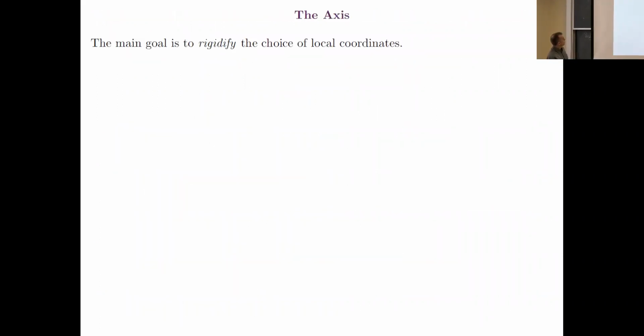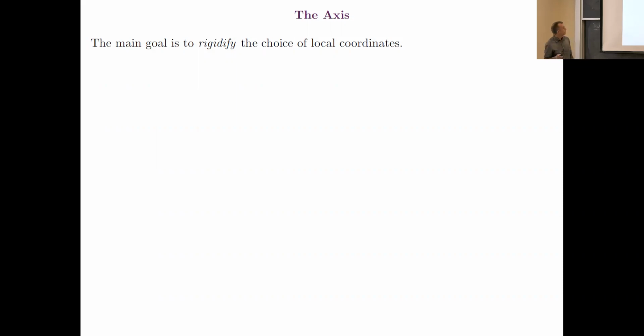Okay. So I said to you that one important issue here is to control, in a nice way, the freedom that you have to choose coordinates. And in the two-dimensional case, this was essentially controlled by the fact that you asked your coordinates to be adapted to the divisor, in the sense that the divisor should always be given by x equals 0, where x was one of the coordinates.